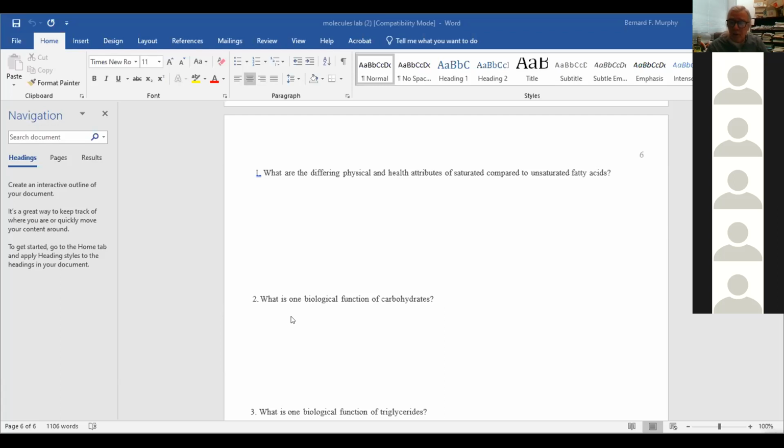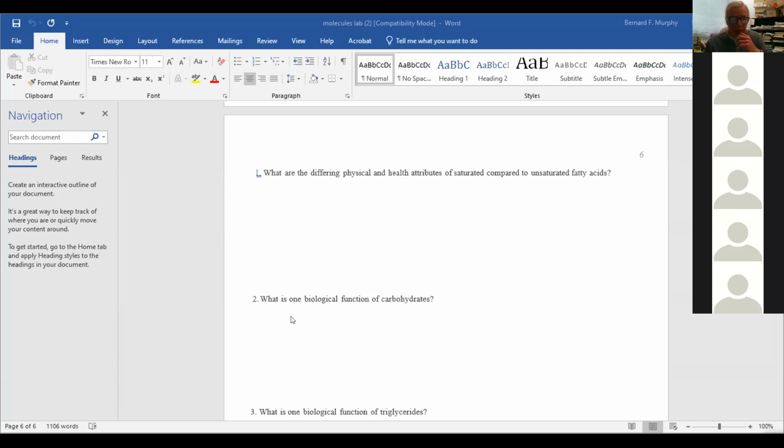Well, we have a carbohydrate storage molecule called glycogen, and it's for maintaining blood glucose between meals. It's for short term, between meals, to maintain blood glucose. So short term energy storage is one function of carbohydrates.